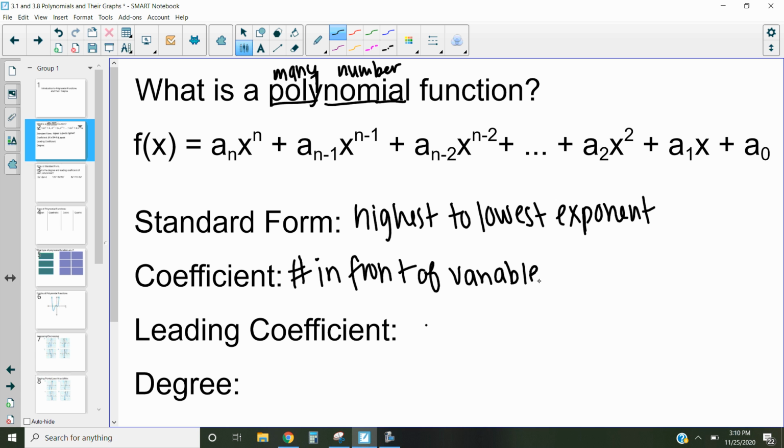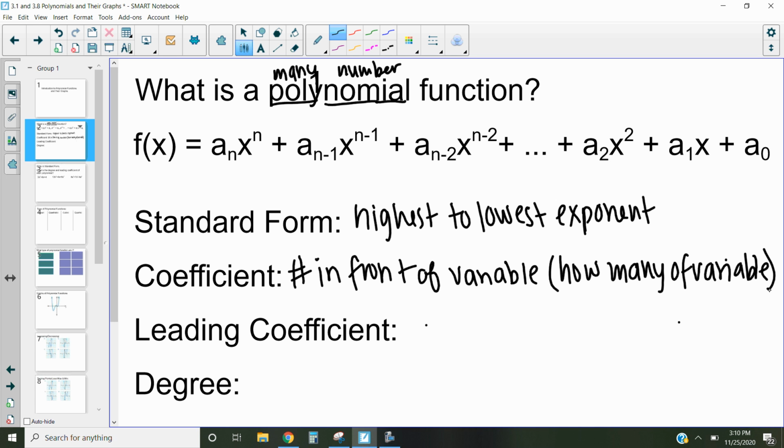Basically, what that number tells us is how many of that variable I have. These coefficients are specifically linked to that term, so it can't change unless it's combined with something else of that same exponent. It's telling us how many of that variable in that exponent we have.